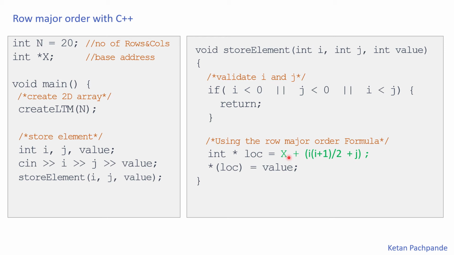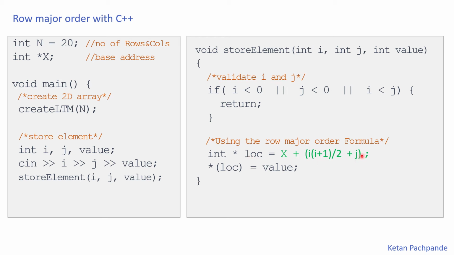For example, suppose the x offset is 36, and this formula evaluates to, let's say, 3. Then 36 plus 4 will be 40, 40 plus 4 will be 44, and 44 plus 4 will be 48. So actually the address 48 will be stored in this variable location.